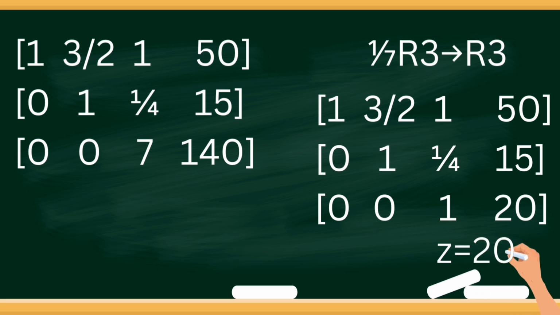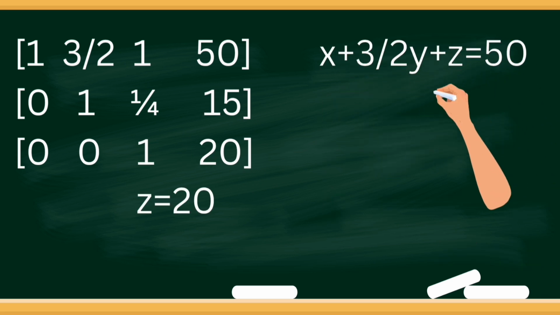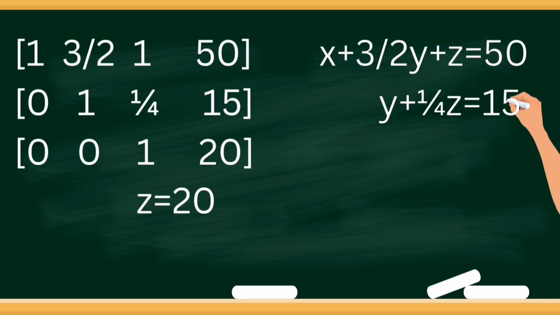By the value of our z, we can now find the value of x and y. But before that, let's turn our row 1 and row 2 into a linear equation. And it will become x plus 3 half y plus z is equal to 50, and y plus 1/4 z is equal to 15.